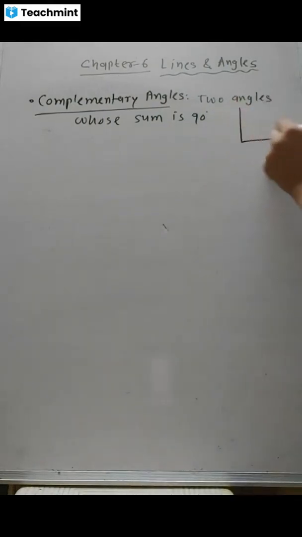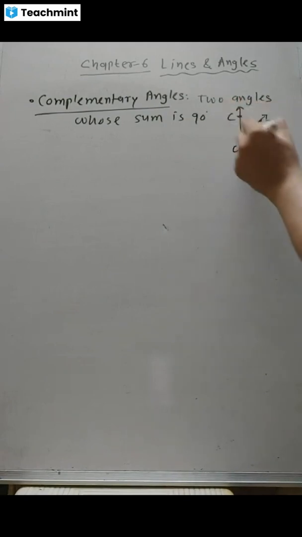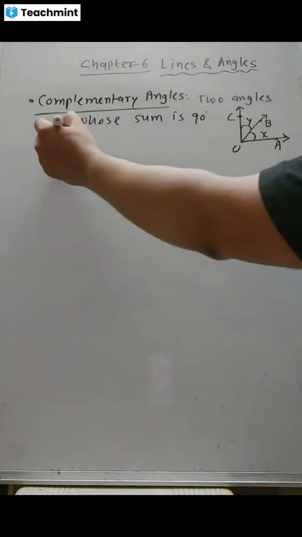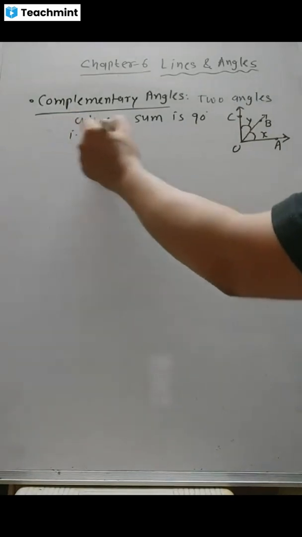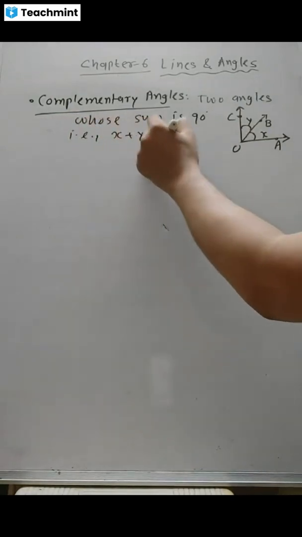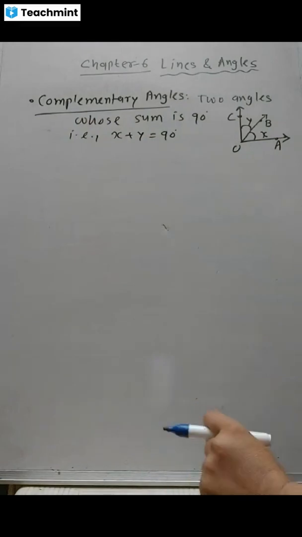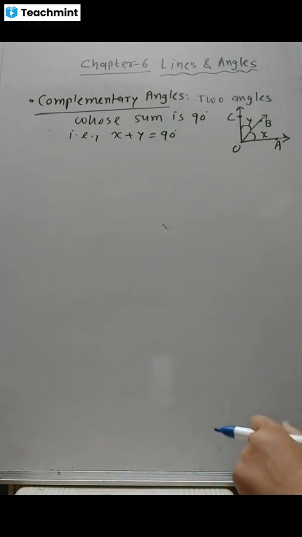Suppose that is angle AOB, that is point C, and that is X, and that is Y. Angle X plus angle Y equal to 90 degrees is called complementary angles.